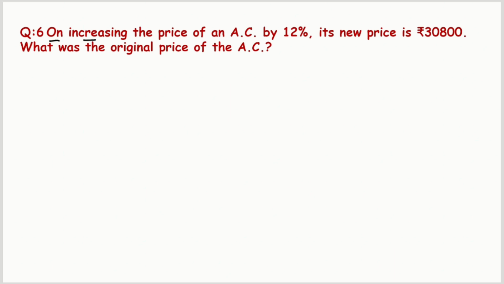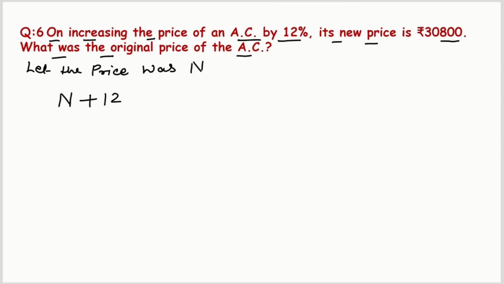On increasing the price of an AC by 12%, its new price is 30,800. What was the original price of the AC? So let the price be N, and this was increased by 12%. So 12% of N added will give you the new price, which is 30,800.